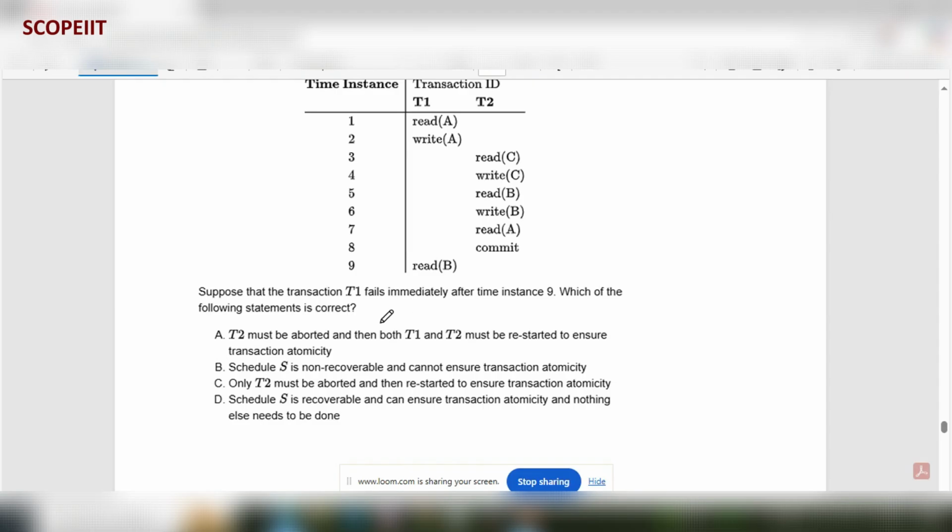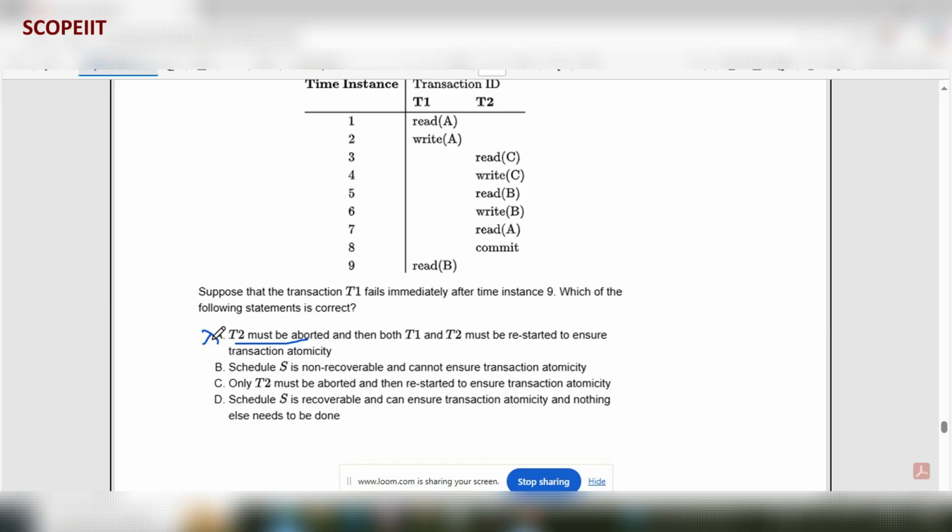As it aborted T2, it will undo and redo all the operations. Undo means backtrack, redo means forward, right? So it will redo it. That means it is not guaranteed that it will be successful. Got it? So option A cannot be right.